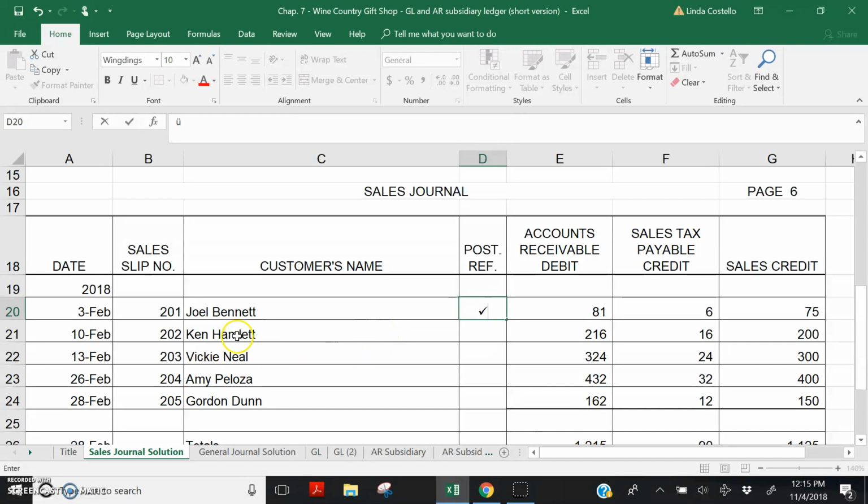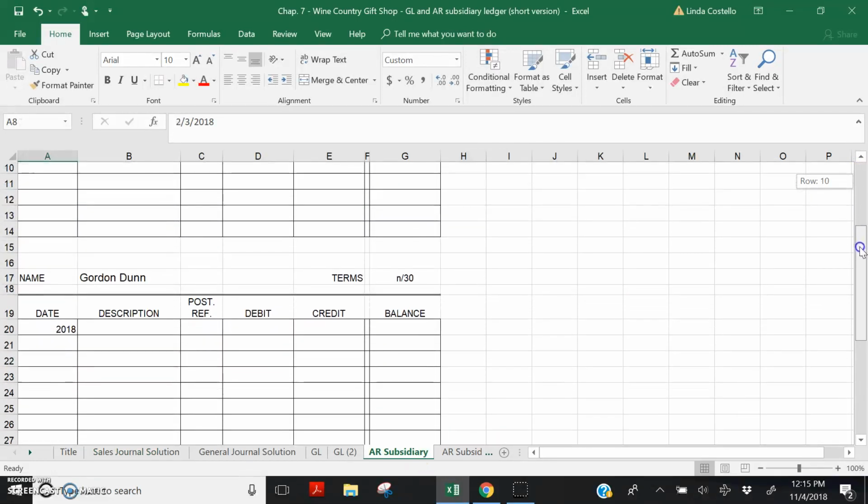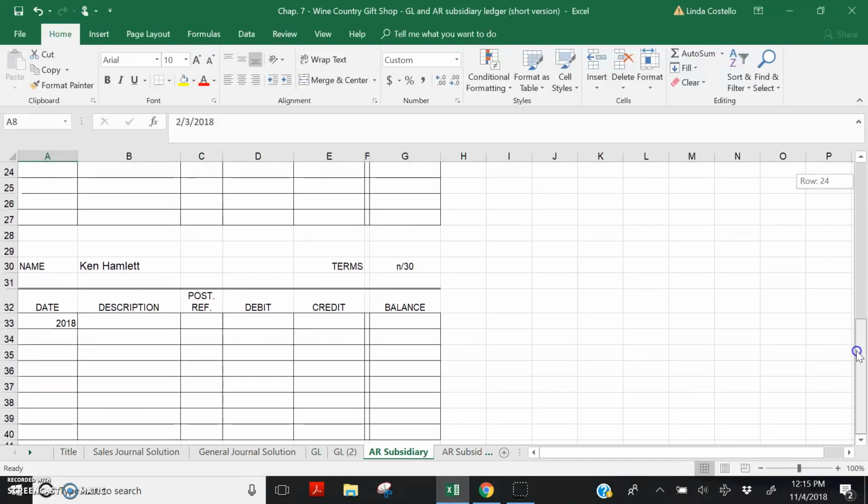Next, post the $216 debit to Ken Hamlet's customer card. Find Ken Hamlet's card. Date, February 10th.